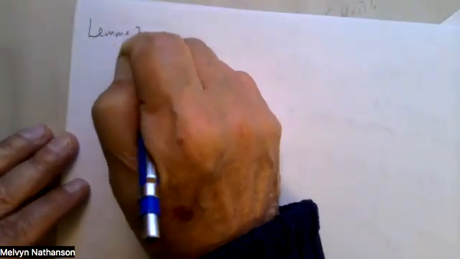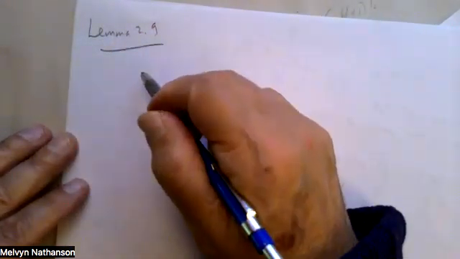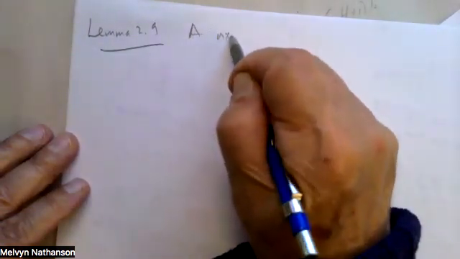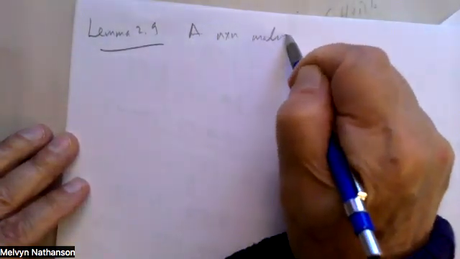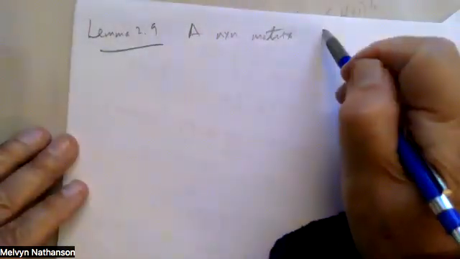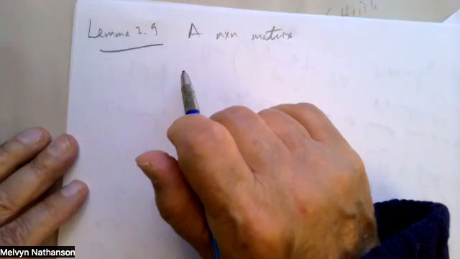So this is, in my notes, lemma 2.9. A is an n by n matrix, and the following statements are equivalent.